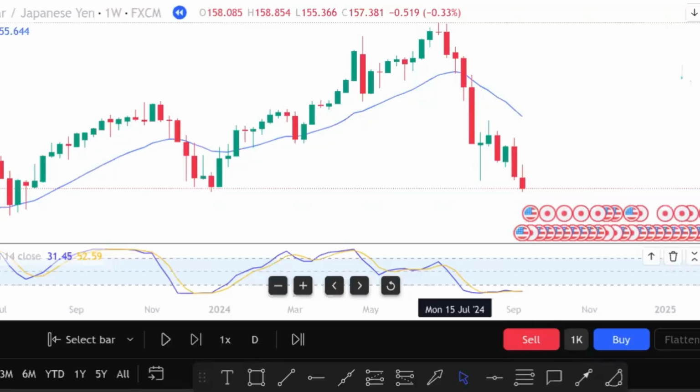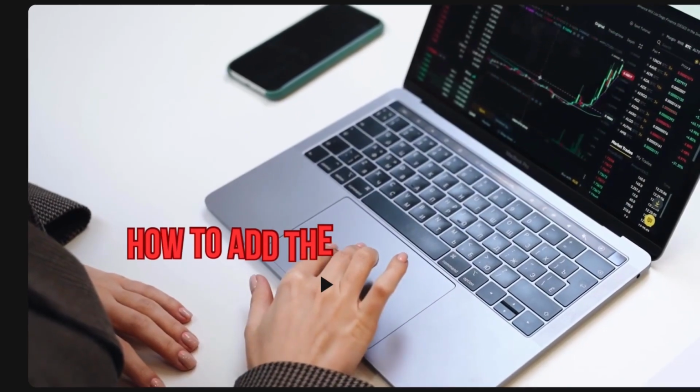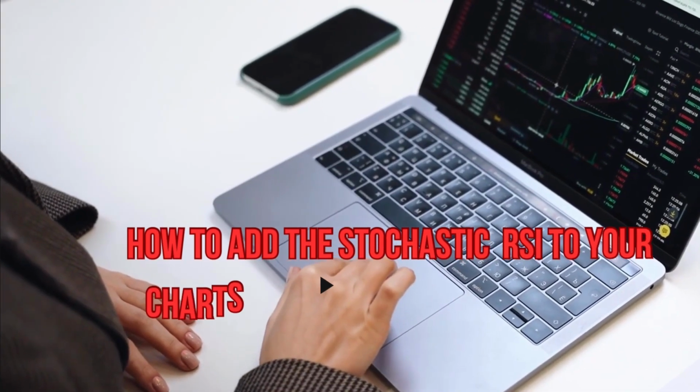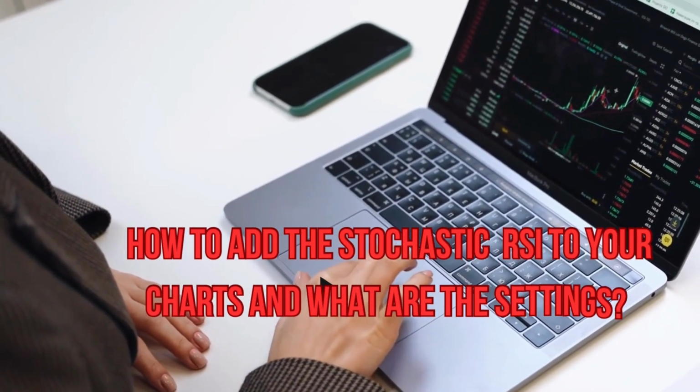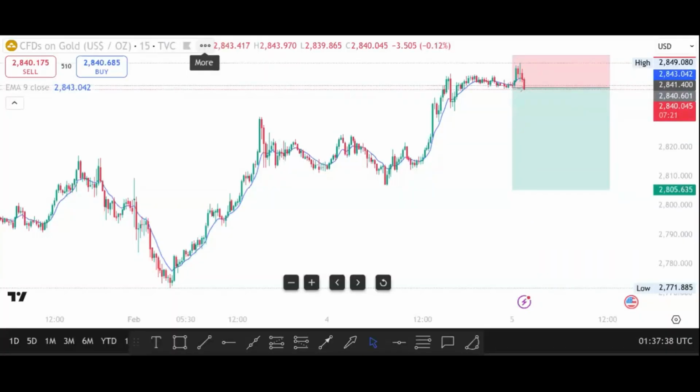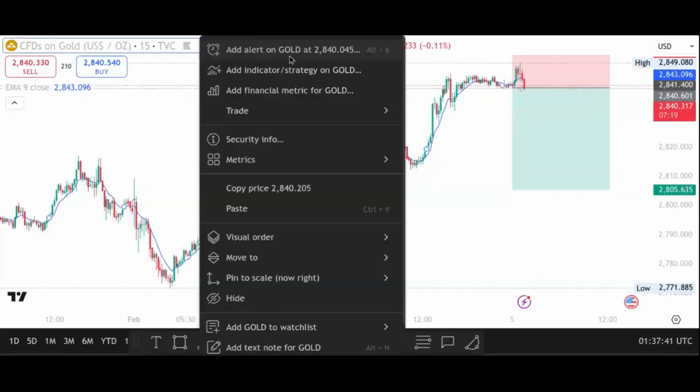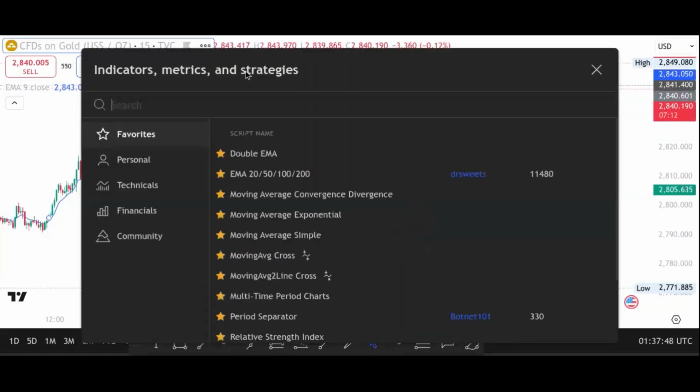I'm going to be showing you how to use the stochastic RSI really effectively. One of the best strategies is to look for crossovers. I could literally go into the indicators tab, right? And we want to add an indicator.